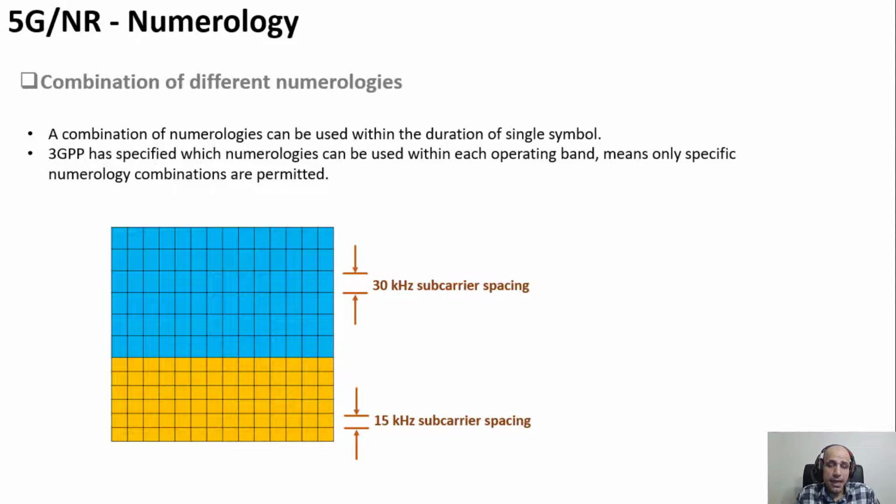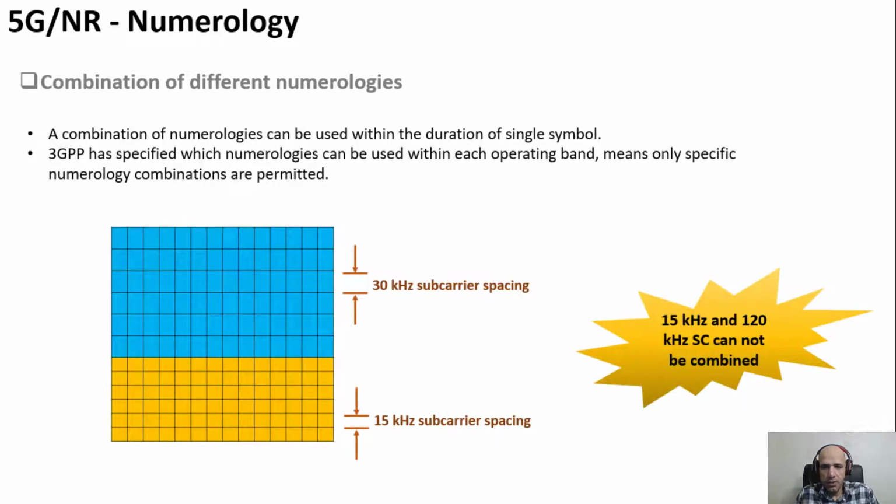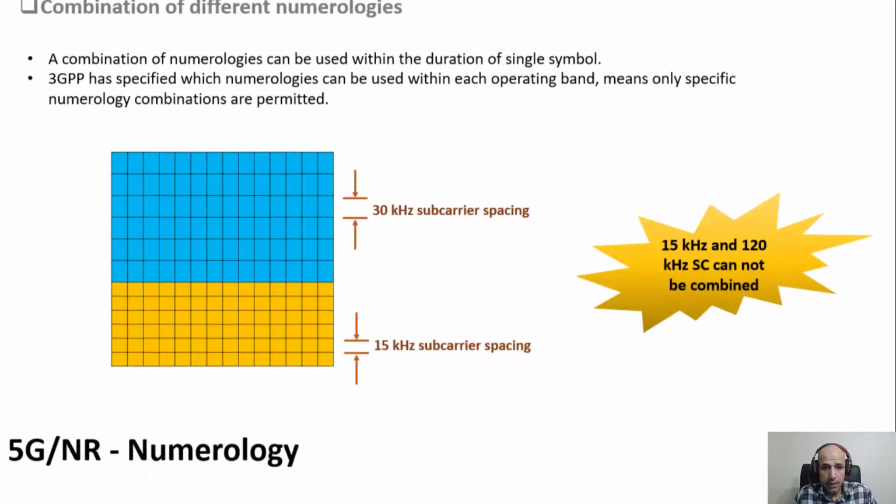This means only specific numerology combinations are permitted. The 15 and 30 kHz subcarrier spacing can be combined, but 15 and 120 kHz subcarrier spacing cannot be combined.